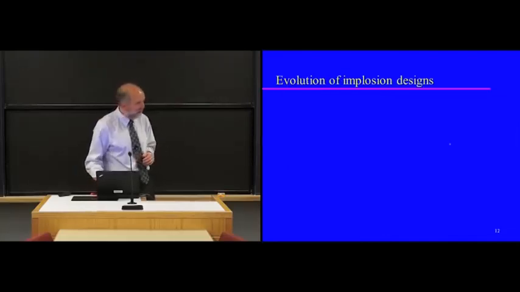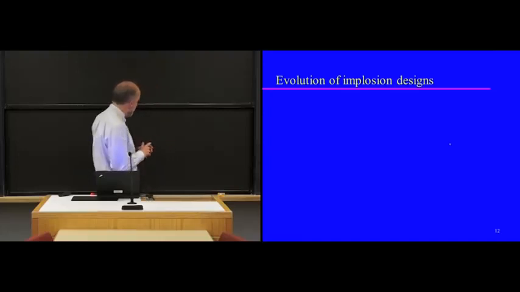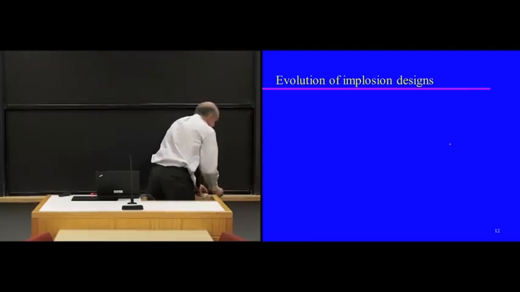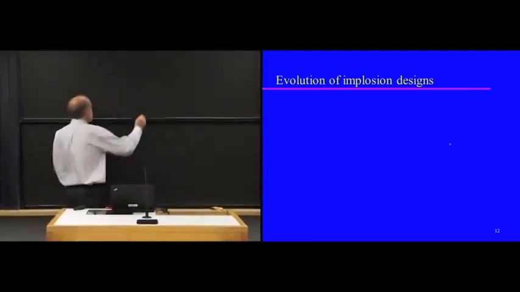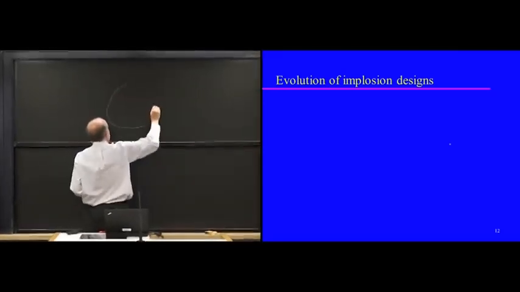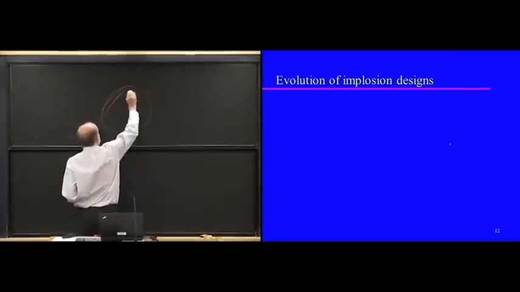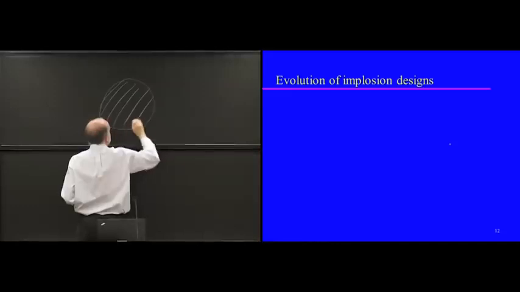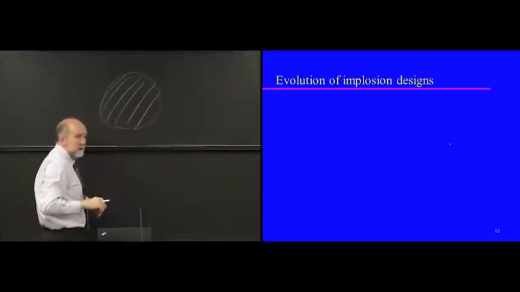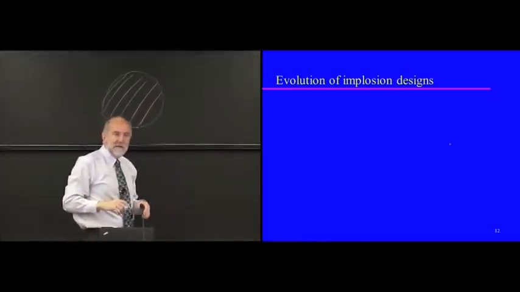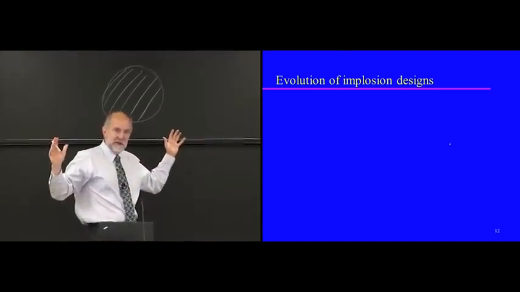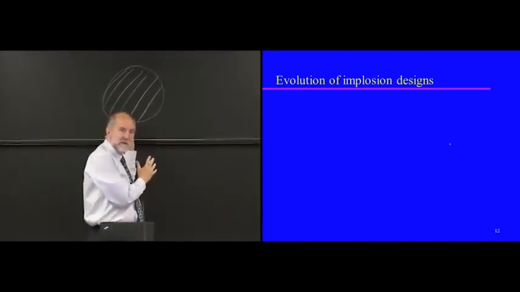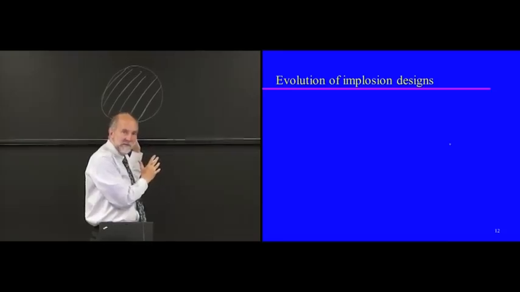Okay, let me talk a little bit about the evolution of designs for implosion bombs, because they have changed over the years. Okay, so the Nagasaki bomb was a solid ball of nuclear material. The Nagasaki bomb was about, unlike the Hiroshima bomb that was about 60 kilograms of highly enriched uranium, the Nagasaki bomb was about 6 kilograms of plutonium.